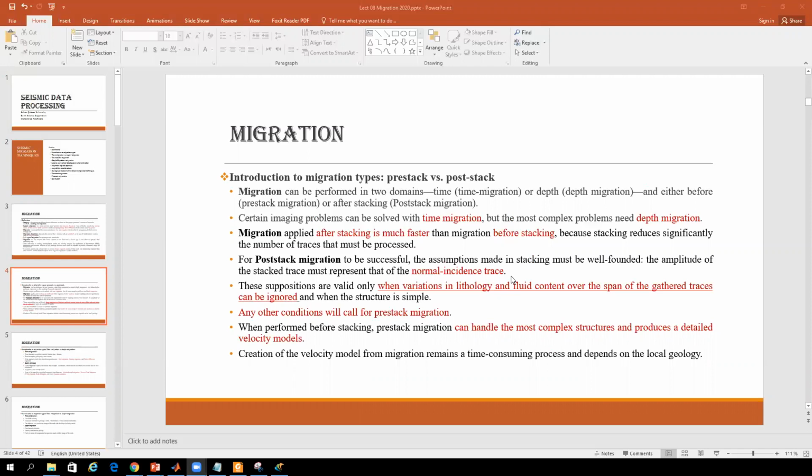Some of them are performed after the stacking, we call them post-stack migration. Some of them are run in time domain, and others are run in depth domain, so we call them depth migration. And each type of migration, whether it is time migration or depth migration, pre-stack migration or post-stack migration, has limitations and advantages against each other.